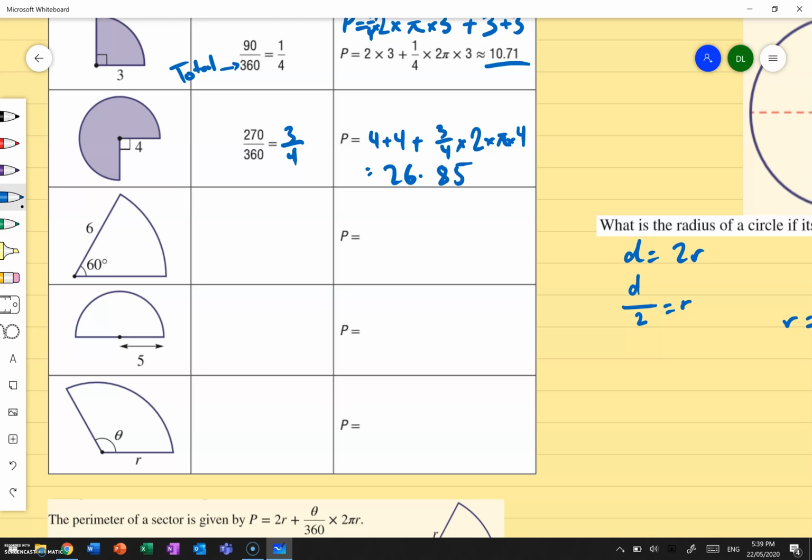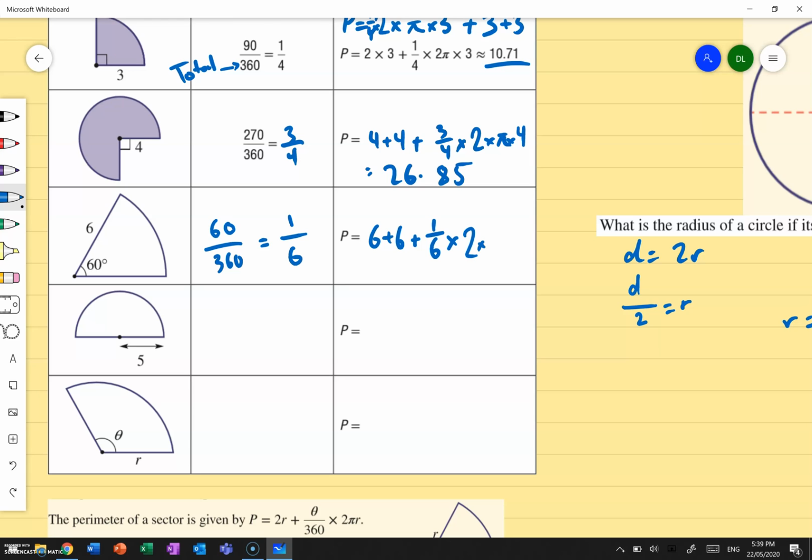So over here, I'm looking at this angle being 60 degrees, so I'm going to write 60 degrees out of a total of 360, right? I simplify that, it gives me 1 over 6, so the fraction is 1 over 6. The perimeter is equal to, now let's go ahead and do these lines first. So it's 6 plus 6, plus, now the fraction I'm doing is 1/6, my apologies, times by, and we use the formula, so 2 pi r, remember?